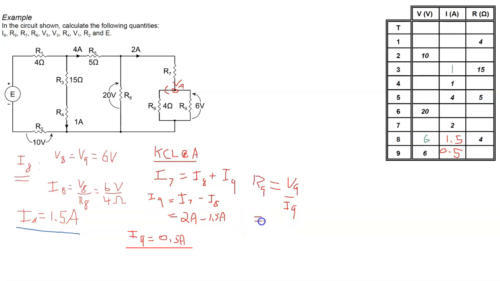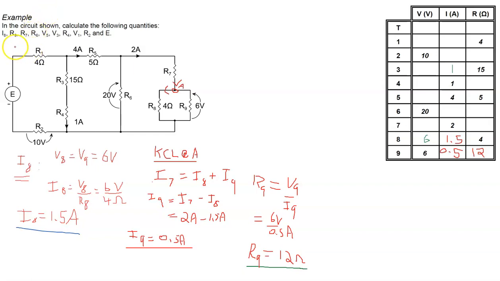And so that is 6 volts divided by 0.5 amps, and R9 then is 12 ohms. So let's put that in our chart, 12 ohms.